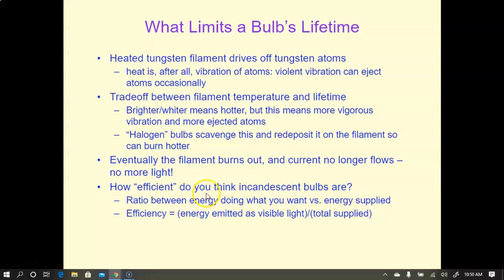And we already mentioned the efficiency of incandescent light bulbs, which is extremely low. As a matter of fact, they were already supposed to have been off the market about a decade ago, but they got kind of a stay of execution.